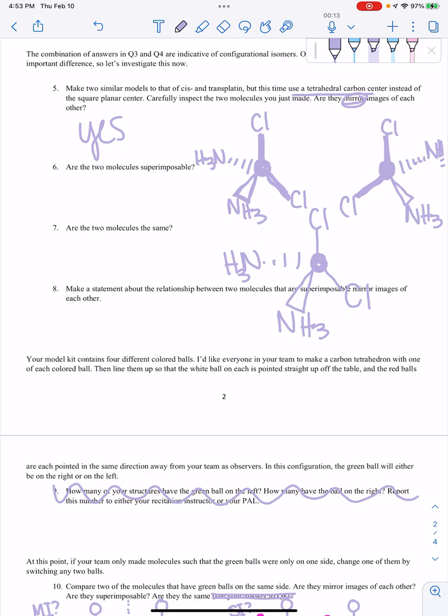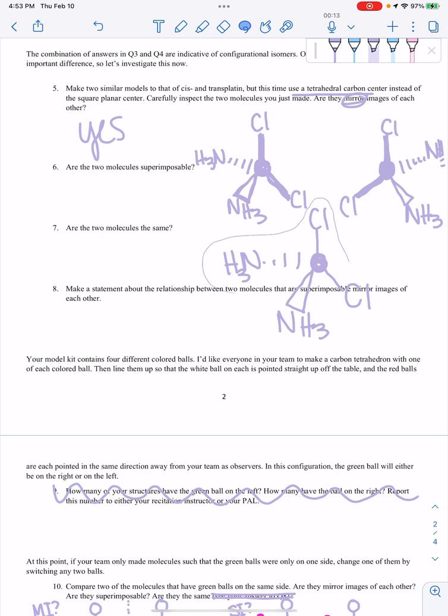But just remember that you never want to break any bonds when you're rotating. If you have to disconnect your pieces, if you have to break those single tetrahedral bonds, then you're not doing a proper rotation. You're doing some other type of chemistry. So just keep that in mind when you're using your model kits to do these superimposable images.